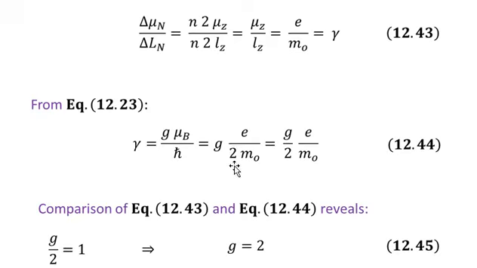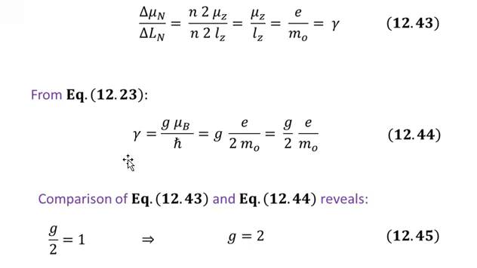We can rearrange this equation as G into e over 2 m naught, and we can divide this equation by 2. So we have G over 2 separated from e over m naught. And you know that e over m naught is again gamma.